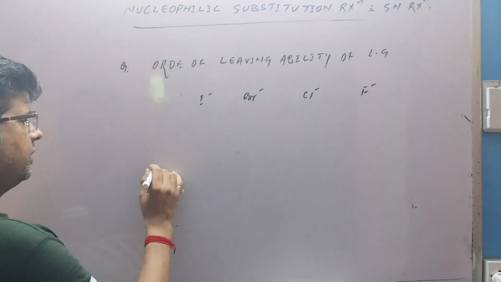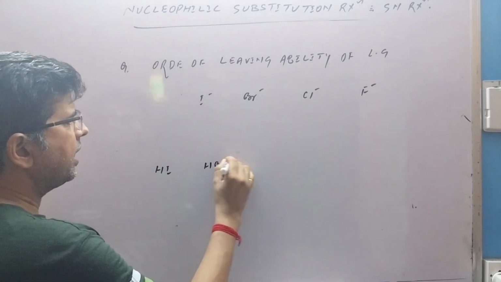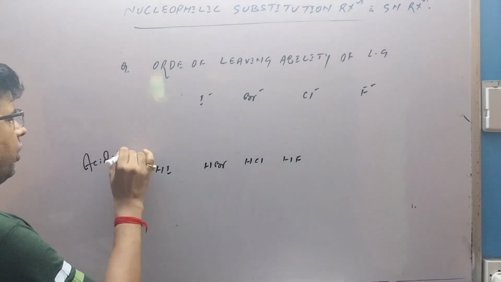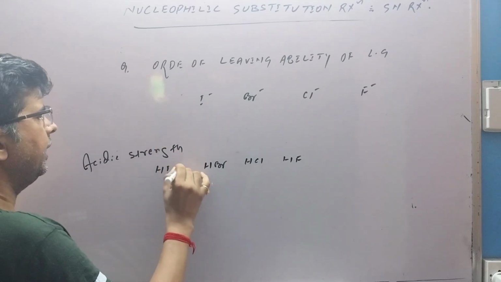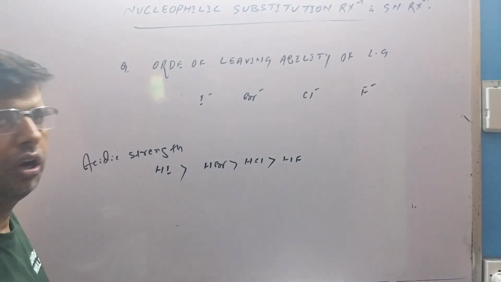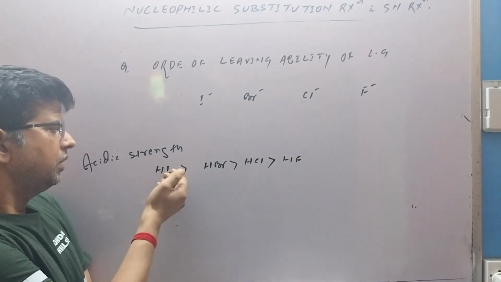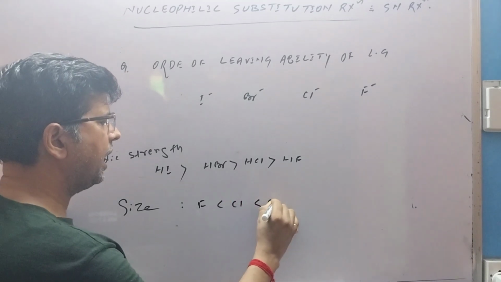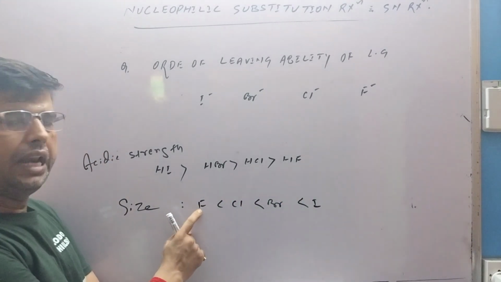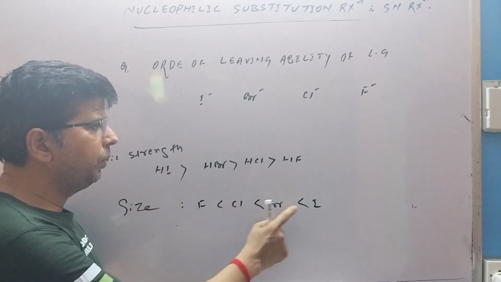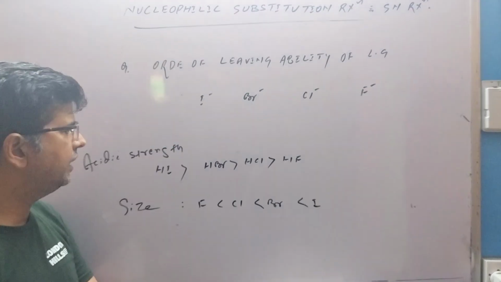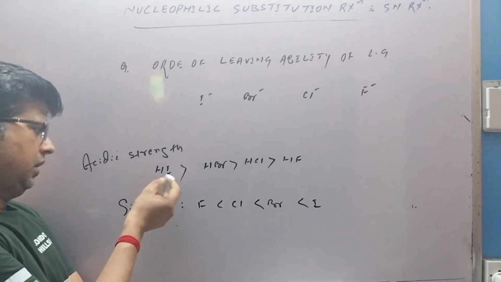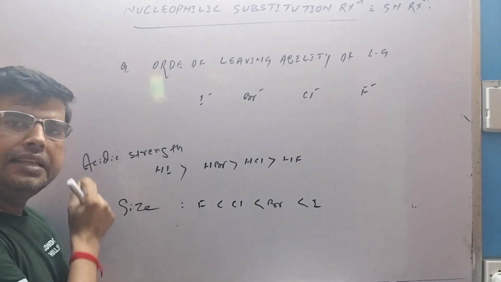See, if we consider HI, HBr, HCl and HF, as we know, the order of acidic strength is HI, HBr, HCl and HF. Why is this so? As we know, the size of atomic orbital: fluorine has 2p atomic orbital, chlorine 3p, bromine 4p, iodine 5p. As the size of atomic orbital increases, bond length increases, bond energy decreases. So HI gives bond cleavage more easily.